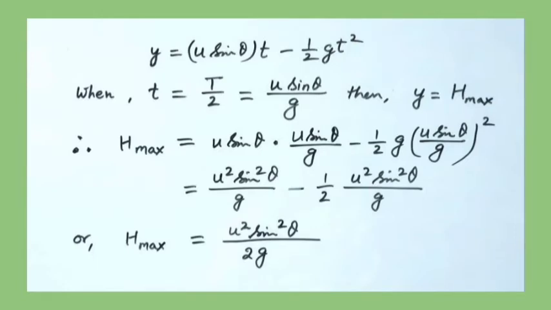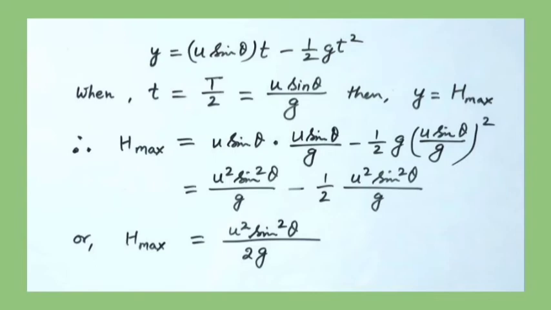The maximum height attained by the projectile can be calculated using the same equation 2. y = u sin θ · t − ½gt². When time t = T/2, which is equal to u sin θ/g, then y = h max.